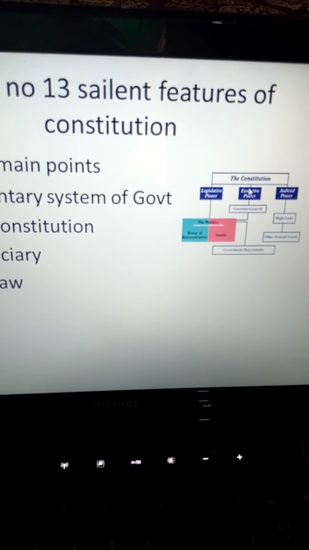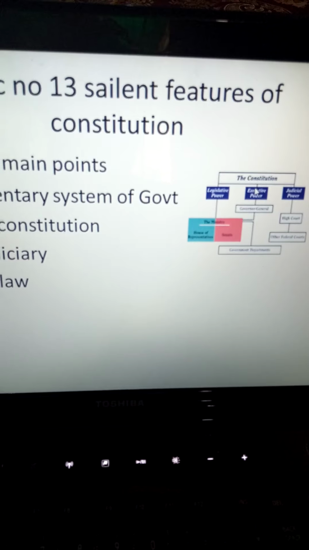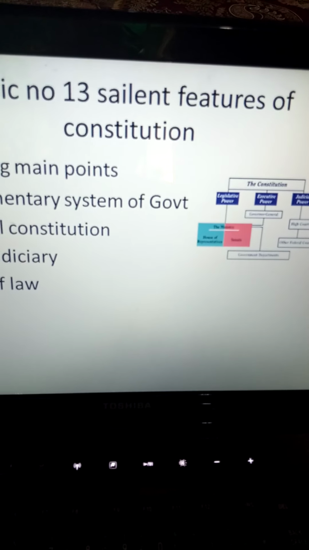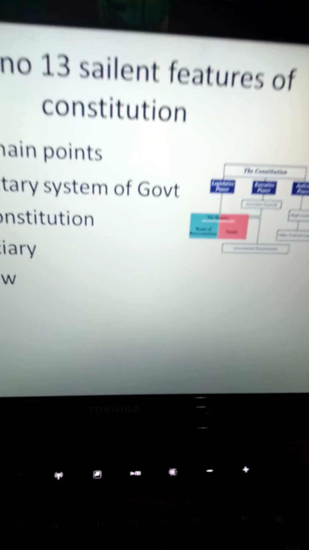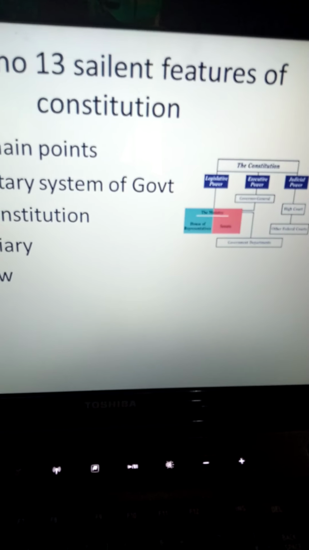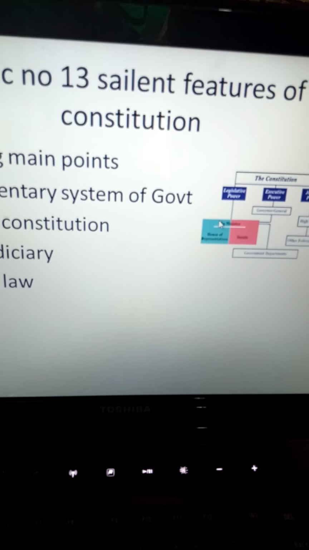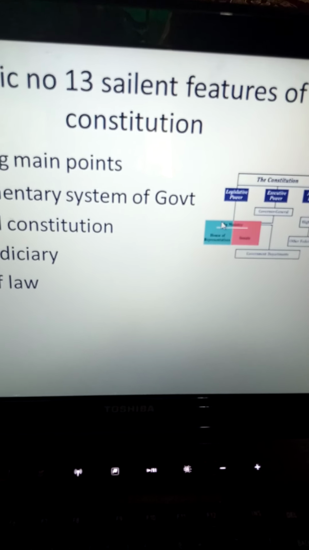then the executive power. The Governor General comes under the executive power, and the Governor General is again going to be attached with the Ministry, the Governor General, and all the government departments.